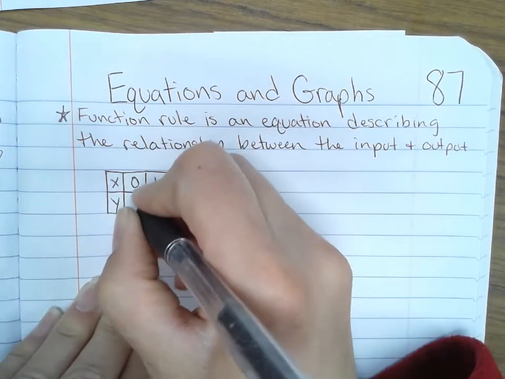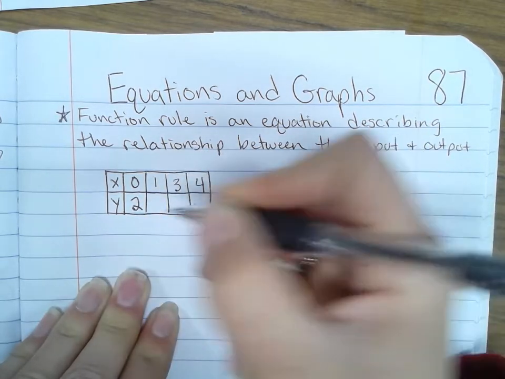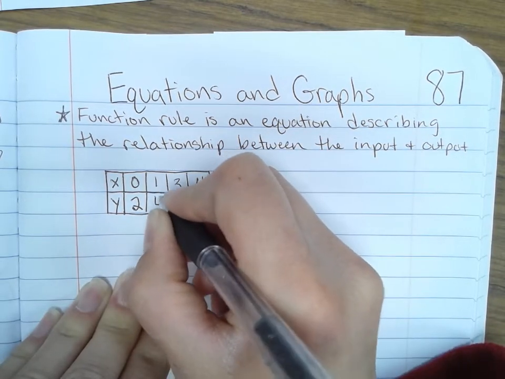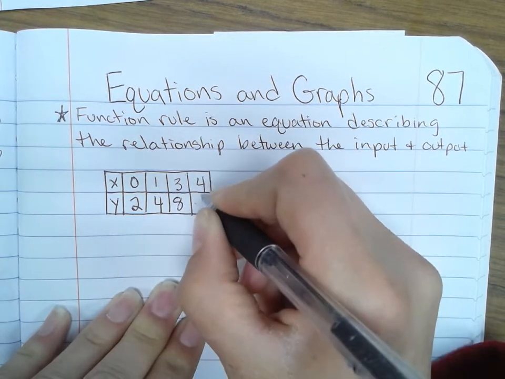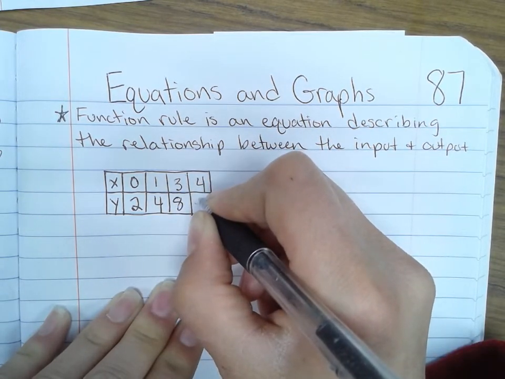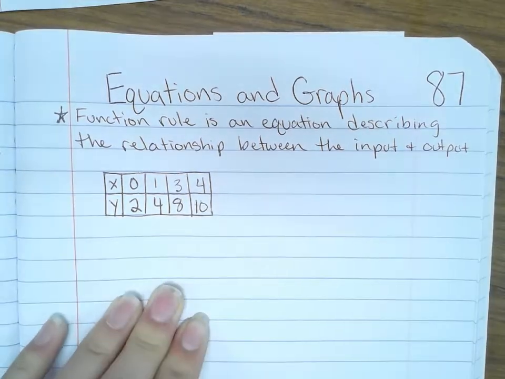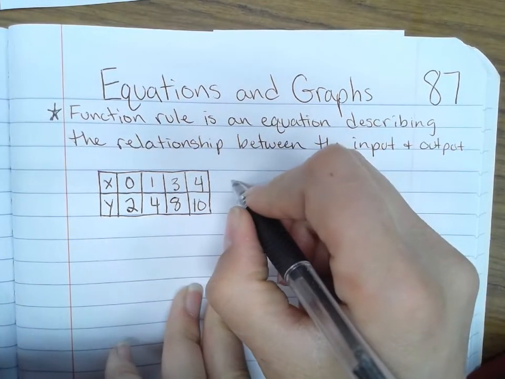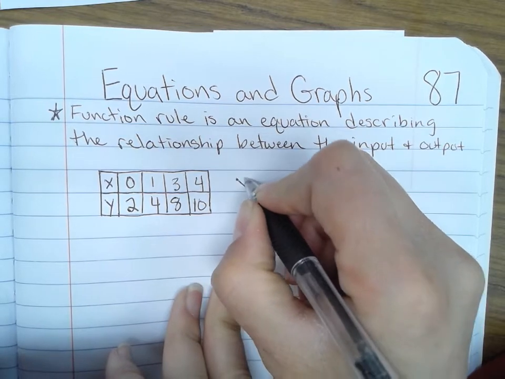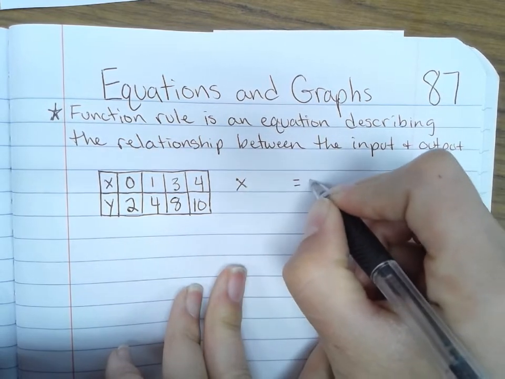So 0 is going to be 2 as an output, 4, 8, and 10. Okay, so remember, we're trying to see what do I need to do to my input to get my output.